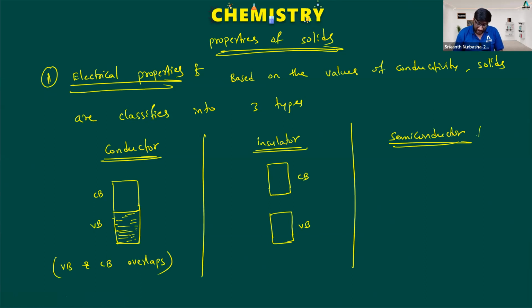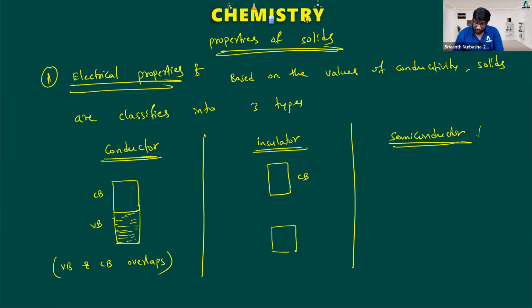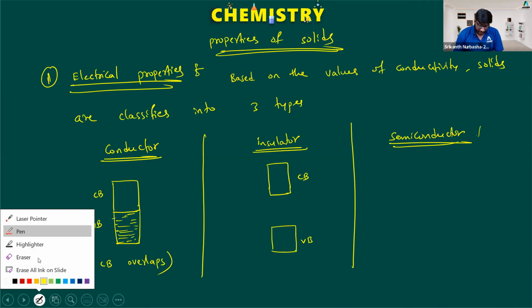Whenever we have an insulator, there is a very large difference between the valence band and conduction band. The electron can't move easily from the valence band to the conduction band. In a semiconductor, what is going to happen? In a semiconductor, there is a low energy difference between the valence band and conduction band.